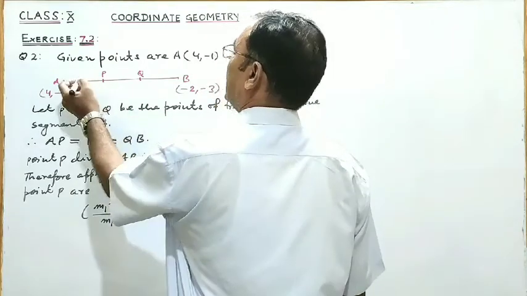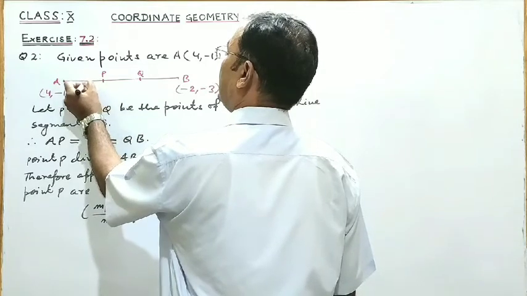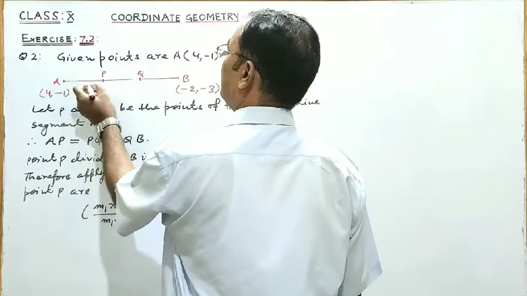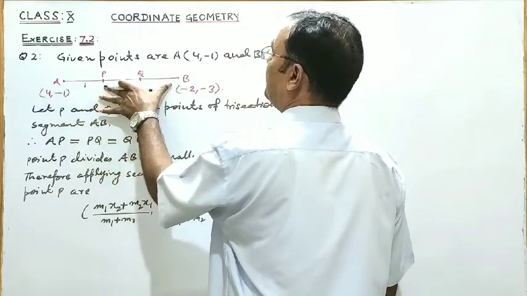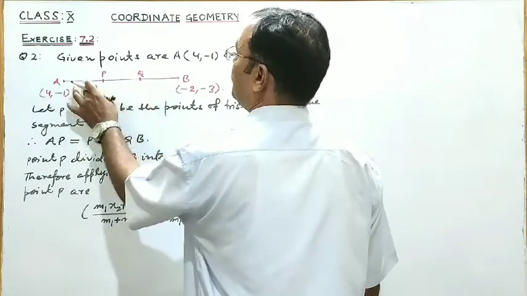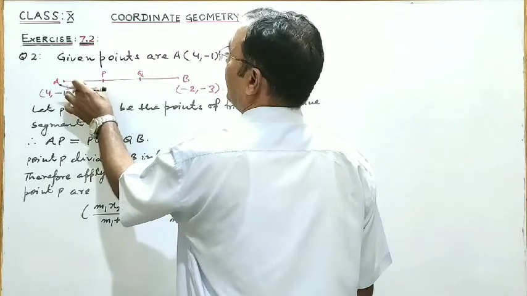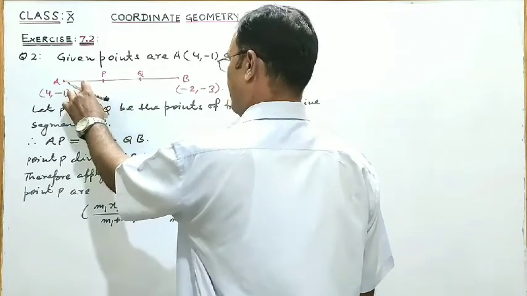For point P the ratio is 1:2, so AP is one part and PB is two parts. So for point P, this ratio is 1:2.